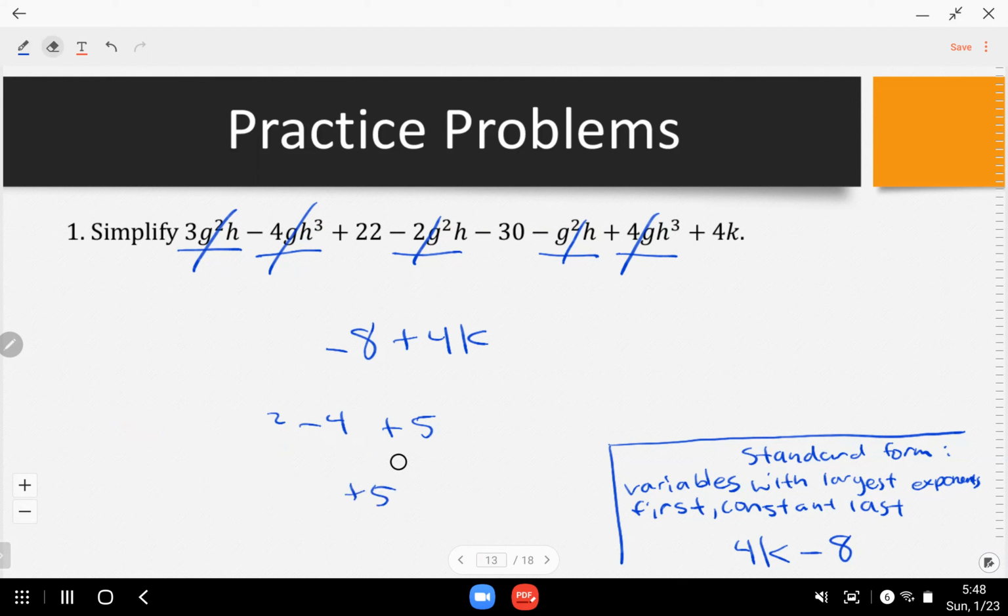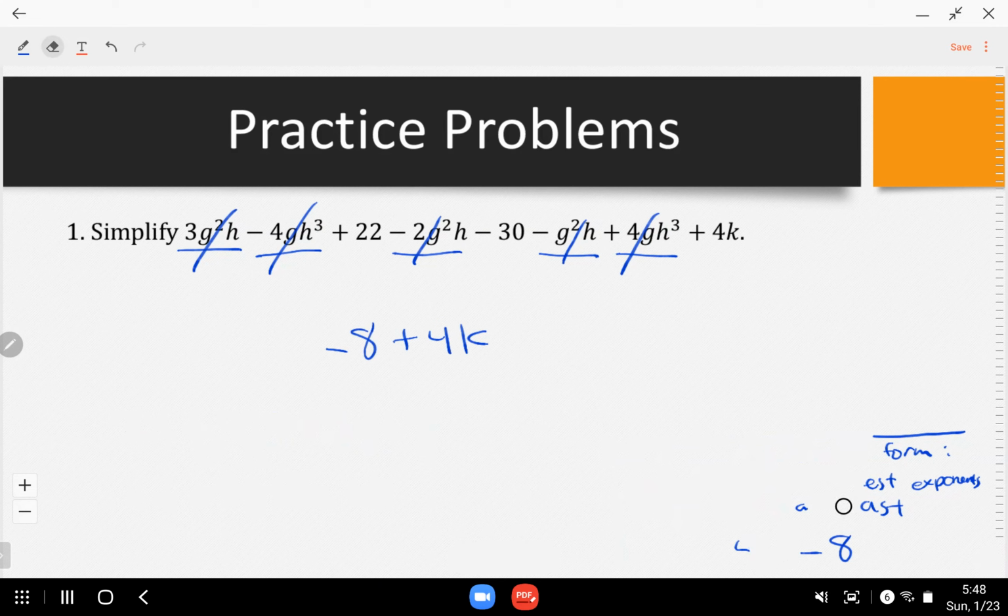Now, standard form, basically why we have standard form, it looks good. Okay, it looks good. That's the only reason I can think of, but I'm pretty sure some smart guy made it up a long time ago, so it's probably important somehow, but it looks good. And also, even if you got -8 plus 4k, it's the same thing, right? 4k minus 8 is the same exact thing, right?